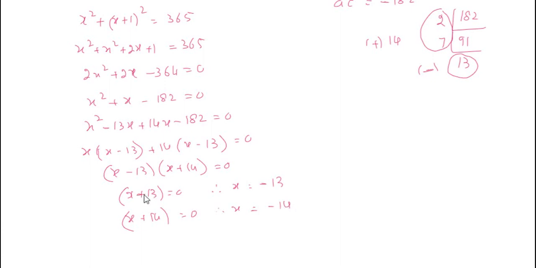Sorry, this is minus, so this is plus. x equal to plus 13, therefore the other number is x plus 1, that is equal to 14. If x equal to minus 14, now x plus 1, the other number, is minus 13.